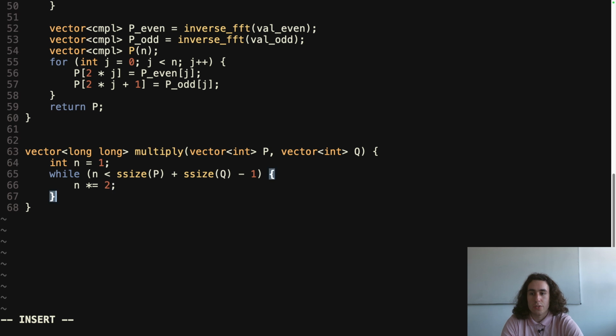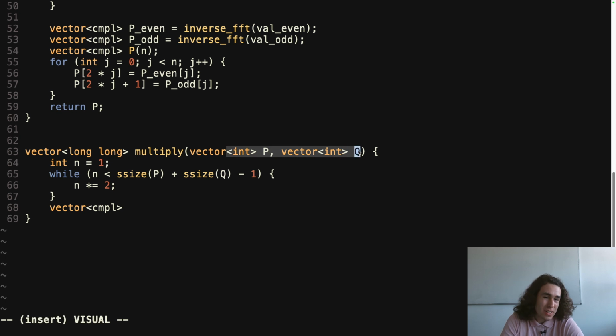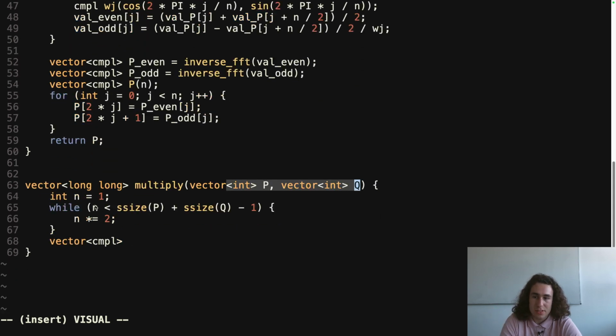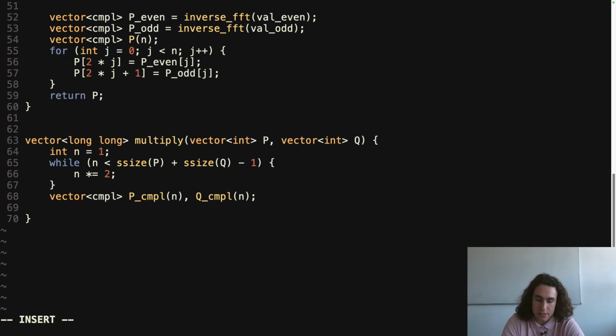And while it's not true, we multiply it by 2. Then, initially we have these vectors as integers, but we're going to work with them as complex numbers. So we're going to have the same vectors, but they're going to be complex vectors.